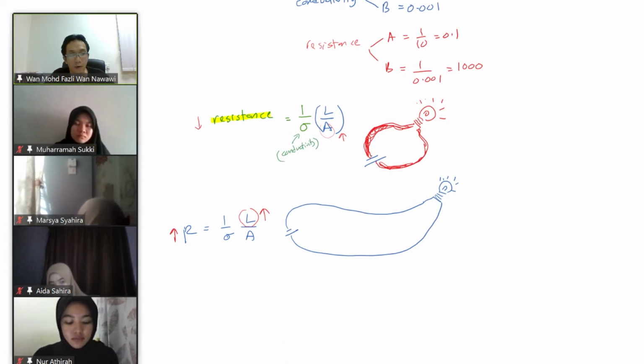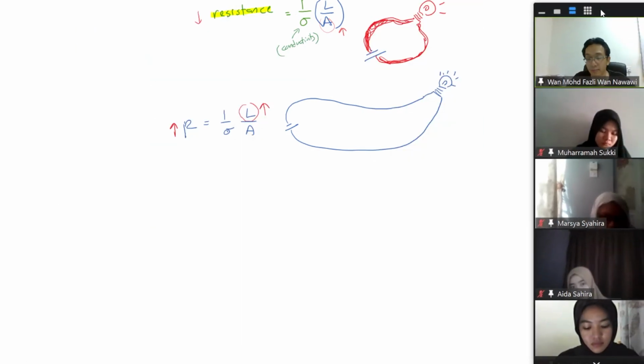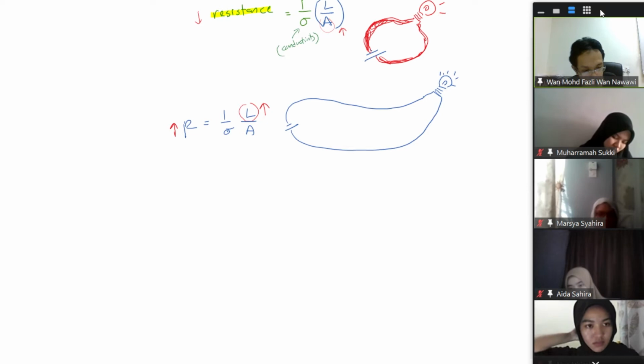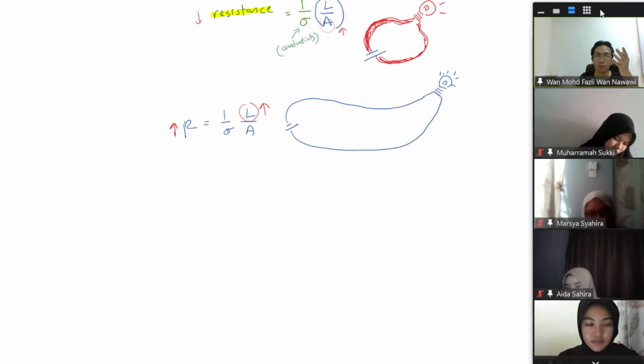And I said before that the material doesn't need to be metal in order to conduct electricity. Because if you think about it, why do people say don't touch the switch with a wet hand?